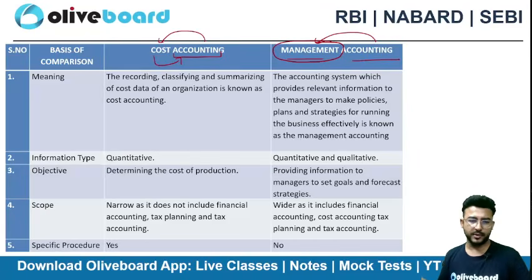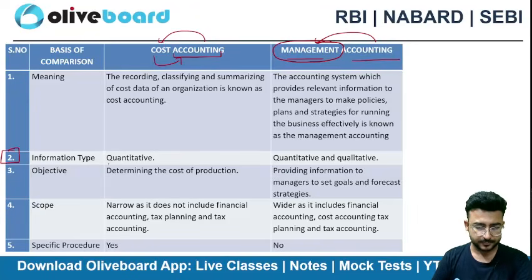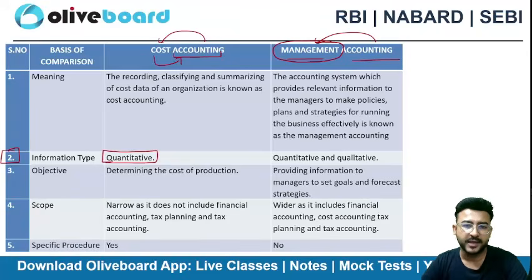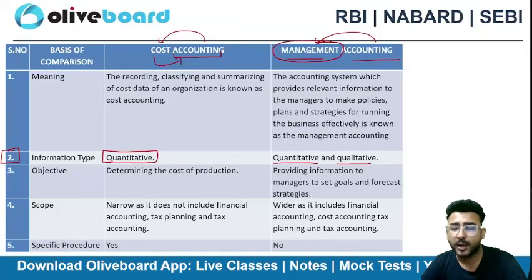That's management accounting. Guys, the most important thing is cost accounting is quantitative in nature. It is quantitative in nature, right? We are concerned about price, we are concerned about the quantity, whereas management accounting is quantitative. We record the numbers, plus it may be qualitative as well.